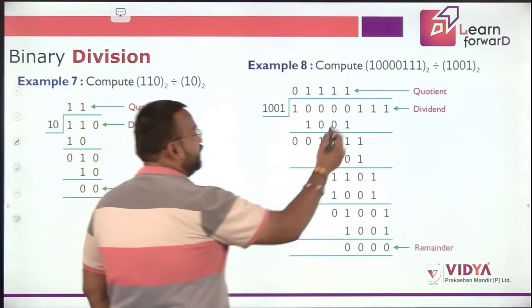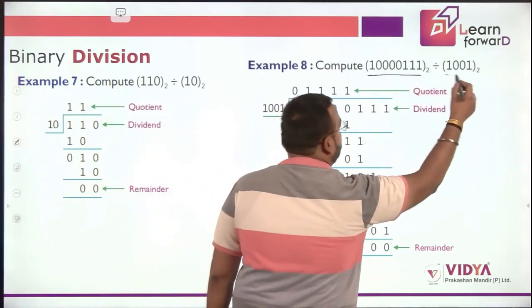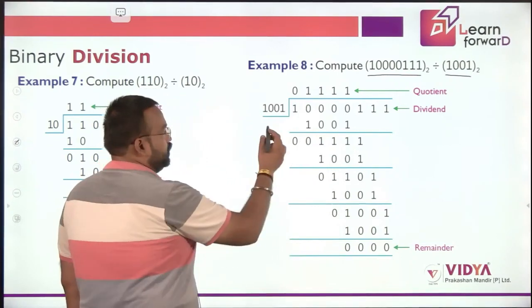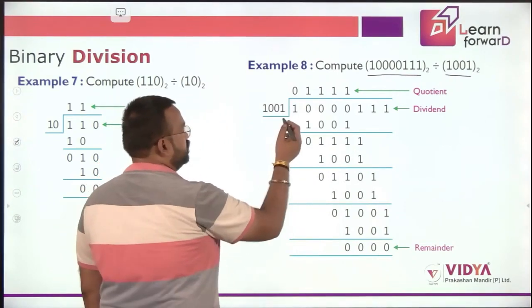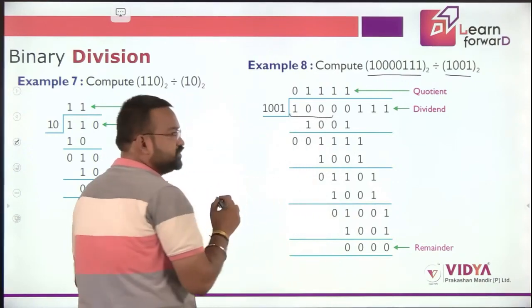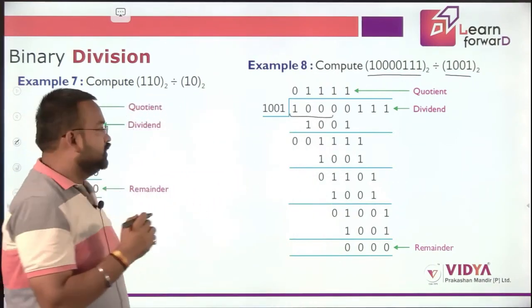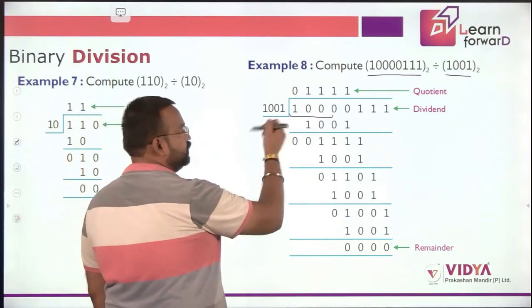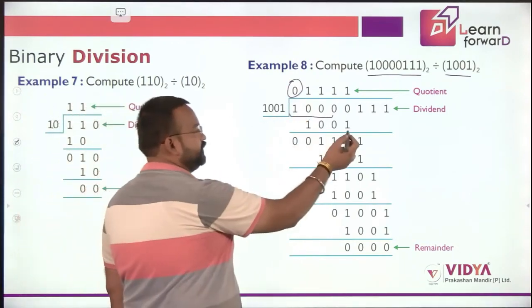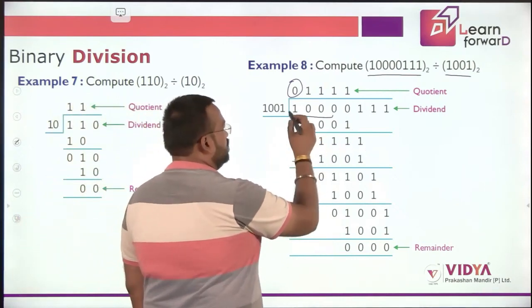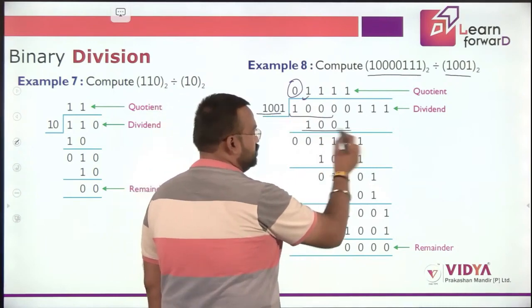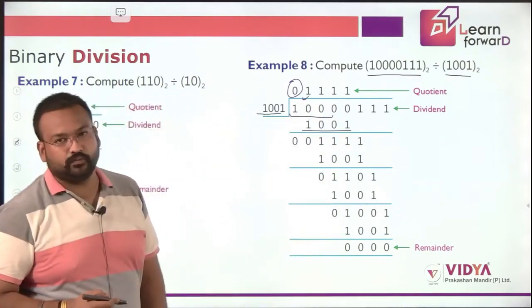Now we have to divide this number with the help of this number. Okay, so now we start. Generally when we start, we take this one, but we can't divide this one from this, so over here we will place a 0 and then we will shift to the 1 place. Now let's multiply with 1, we will get 1001.